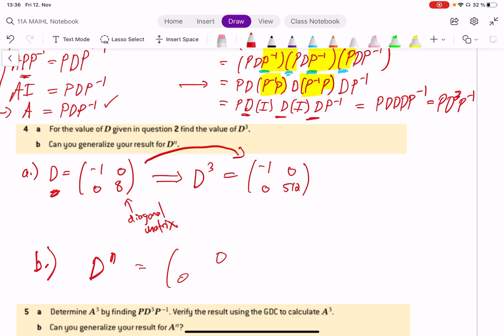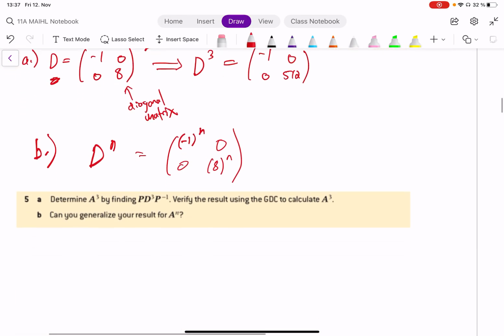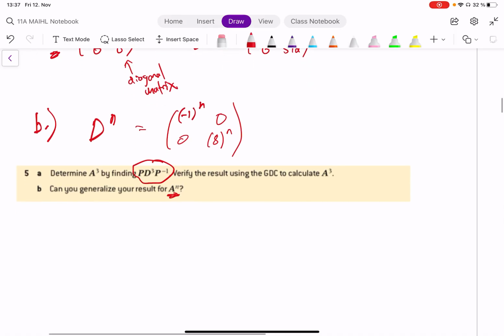And so negative 1 to the n would be my result here, whatever n is, and then this would be 8 to the n. Generalizing this is what we're going to work our way up to. We've looked at how to generalize the diagonal matrix, and now we want to generalize the whole thing, which will eventually be in part B.